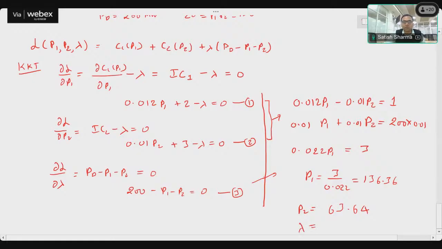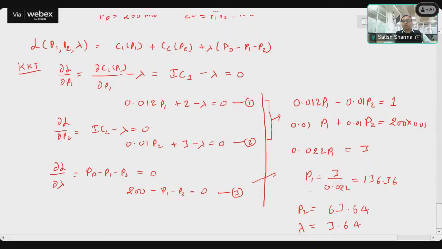Then if we use these values to calculate lambda, we can use either equation number 1 where we put the value of P1, or equation number 2 where we put the value of P2. So let's say this is 63.64, multiplied by 0.01 plus 3, is roughly 3.64, which is lambda. So this is the answer we are getting.